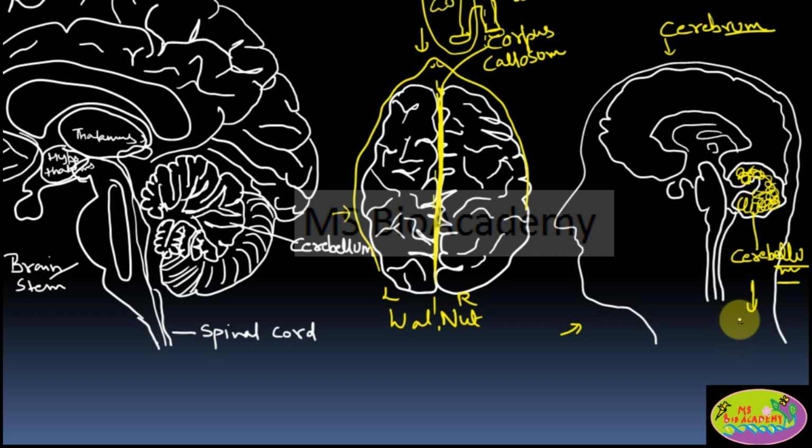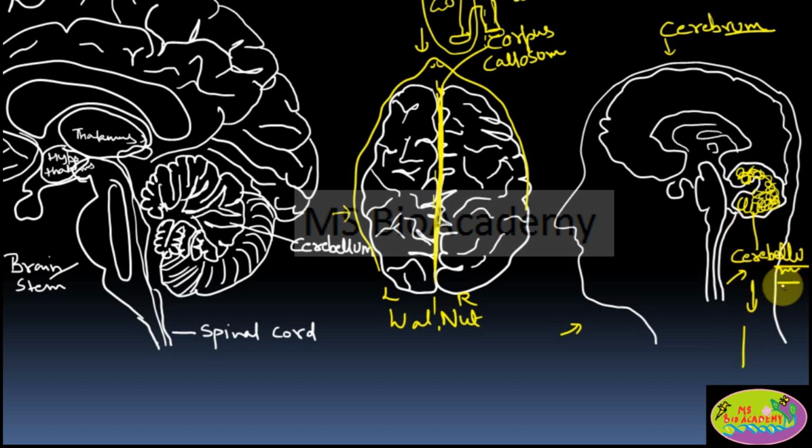Since gravity is always pulling us, we would not be able to stand straight; we would keep leaning on one side. But this leaning doesn't happen because the cerebellum helps us keep that balance and keeps us standing straight without falling. So this is the important role of the cerebellum.